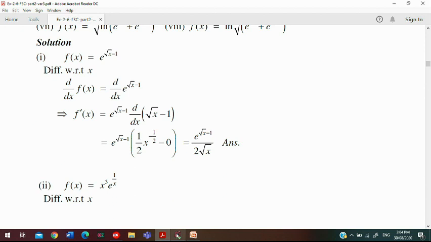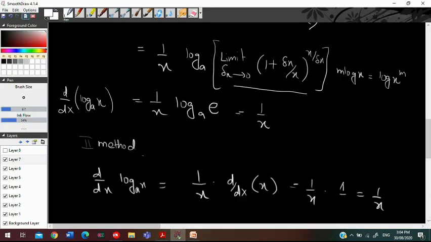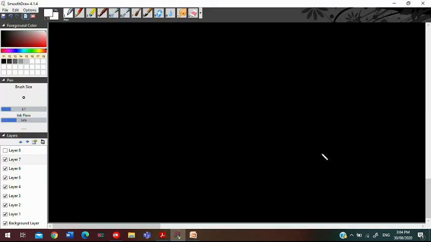Now you can see, I will start it on the next page. Exercise 2.6.